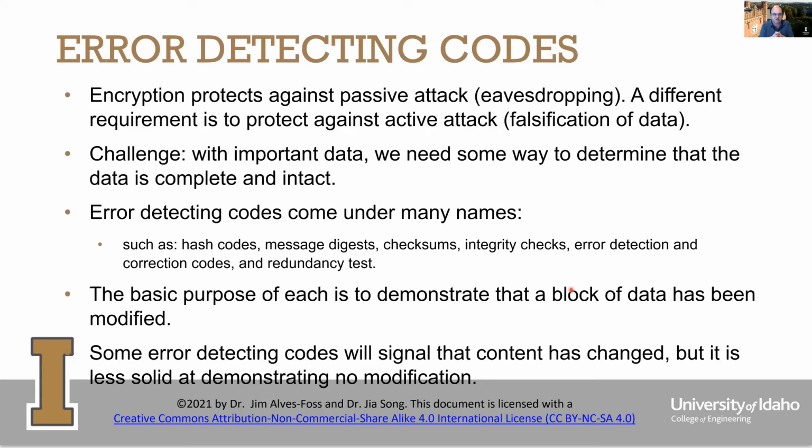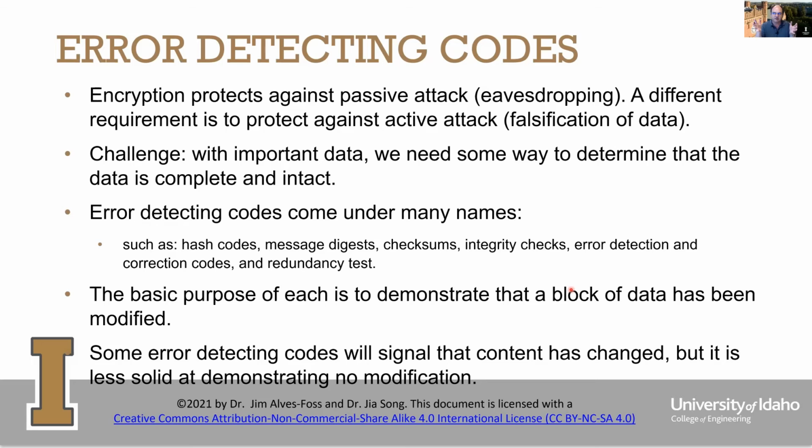Now, error detecting codes are a way of doing that. They not only detect errors, but falsification. They come under many names, hash codes you'll hear, message digest, checksums, integrity checks, or just error detection and correction codes, redundancy tests. I mentioned earlier in the class, we have that parity bit. The ones and zeros in a binary number.